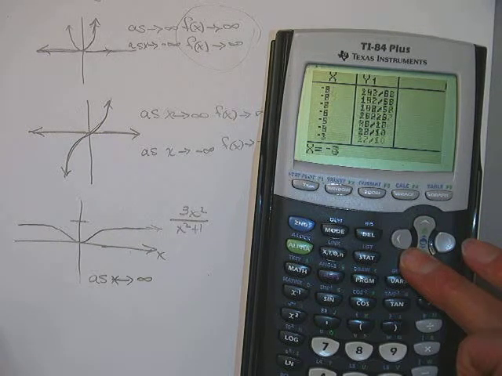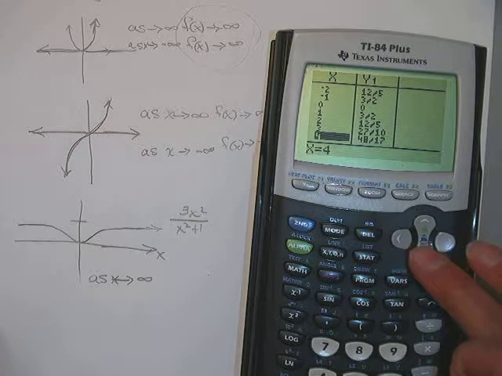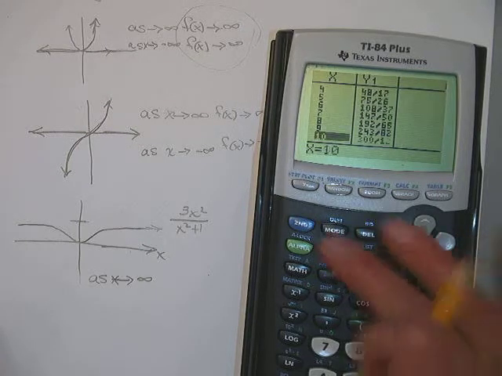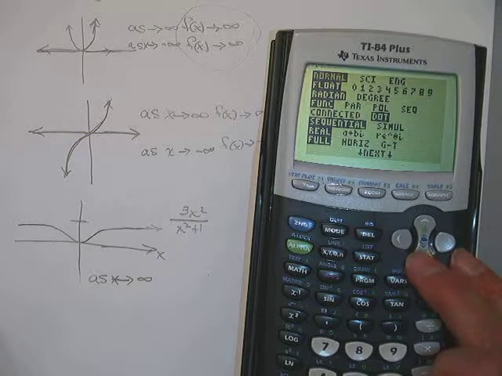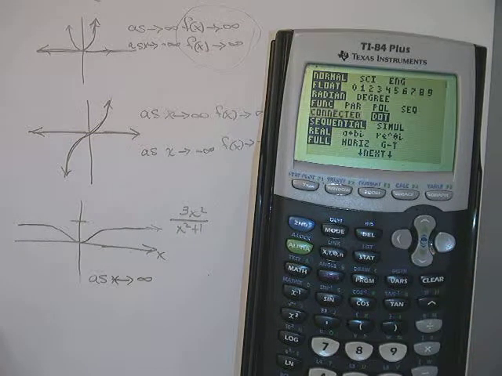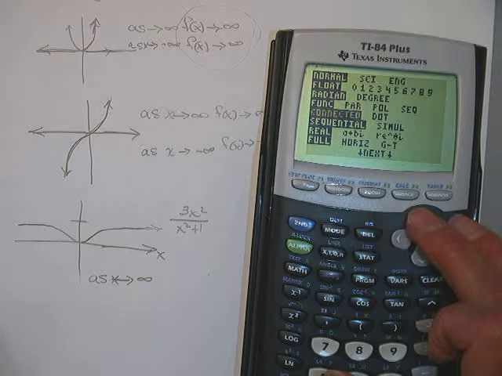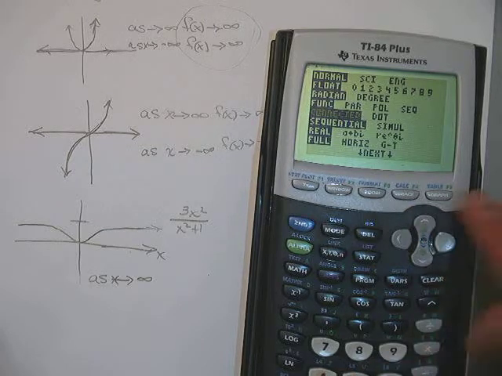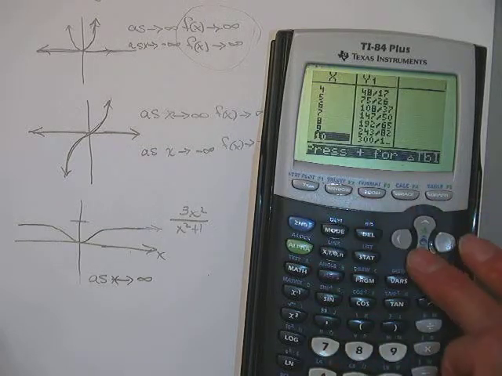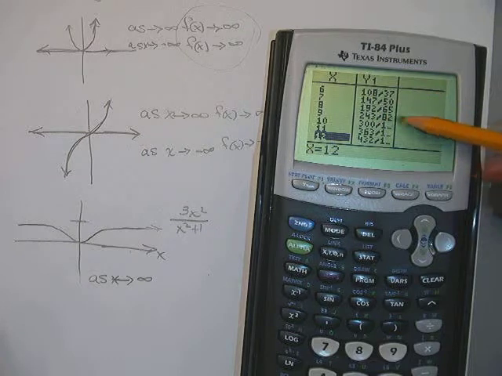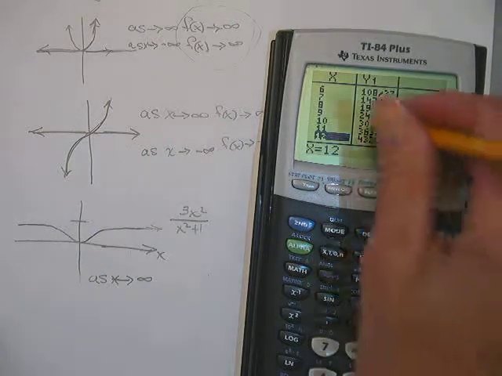As x gets larger and larger, we look in this direction. It looks like we have fractions there. I'm going to see if I can get out of fraction mode. I don't know if I can.